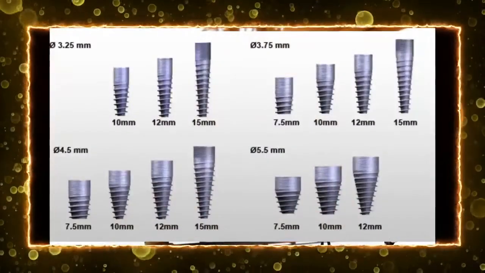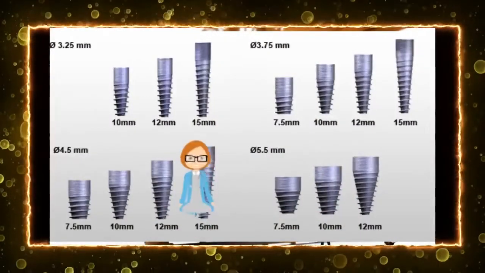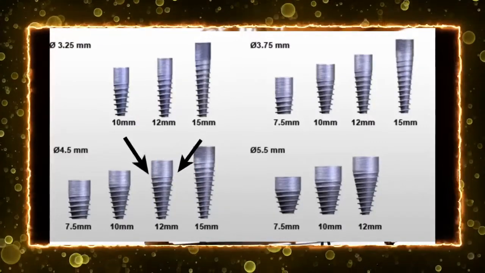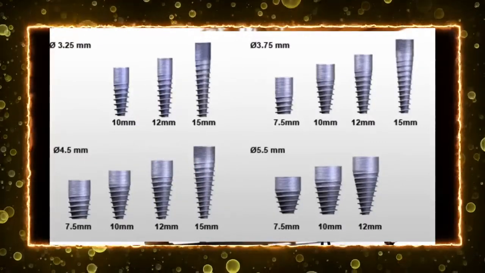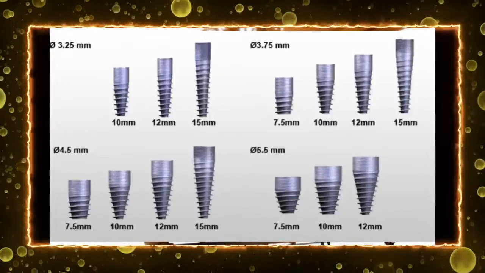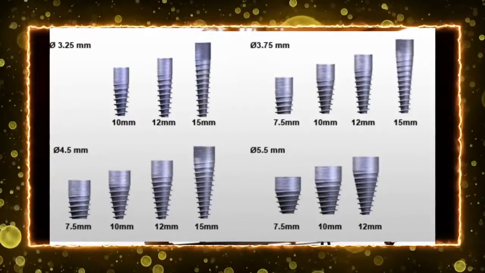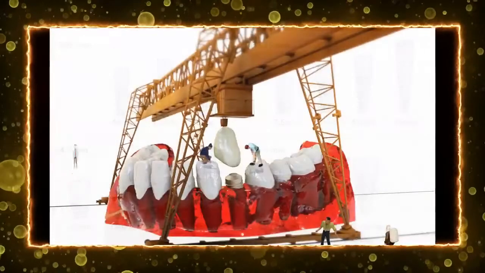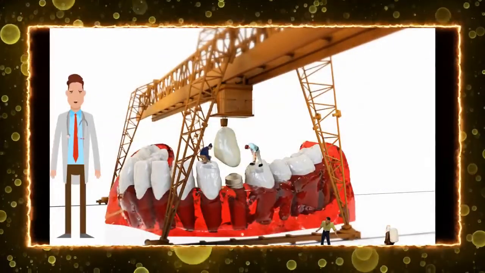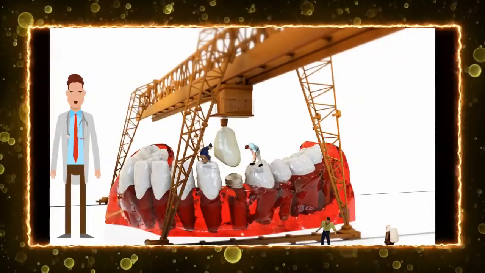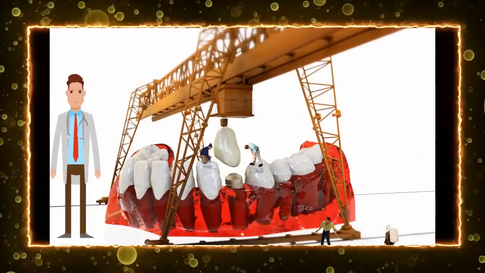Implant length. I chose an implant length of 12 millimeters since the bone remaining in the maxillary arch is 14 millimeters long. I wish for a greater length to increase the surface area of the implant, to increase osseointegration and retention. Now the implant diameter. The implant diameters that I've chosen are due to how the tooth was inside the bone before.